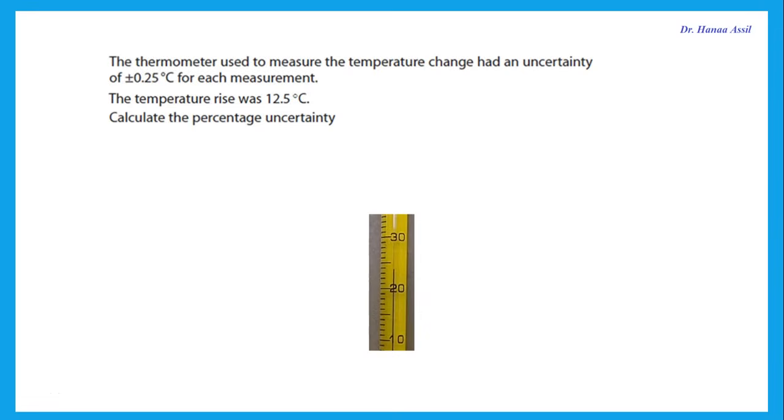Well, that means I read an initial reading and a final reading. Each reading had an uncertainty of plus or minus 0.25. So the percentage uncertainty in my temperature rise is the uncertainty times 2 over the reading times 100. So this is plus or minus something percent.